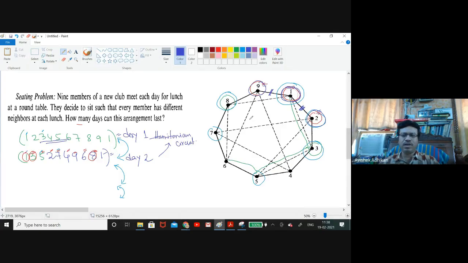We are actually trying to find it for a complete graph with 9 vertices. So we are actually trying to count the number of edge disjoint Hamiltonian circuits in a complete graph with 9 vertices. So that's our aim. If we are able to count that, then basically we are done. Okay. So that's the problem here.